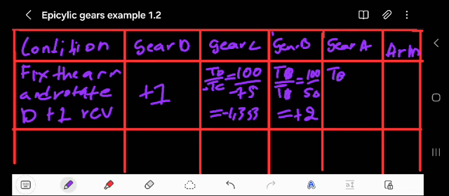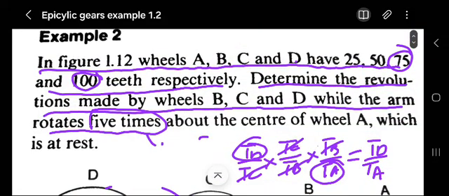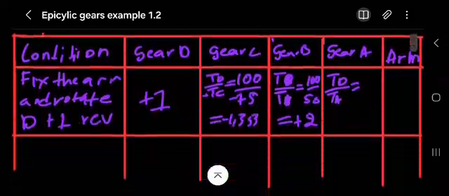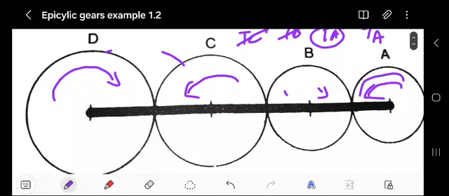TD is 100, A is 25. Remember, it's negative there because A will rotate anti-clockwise, as you can see.